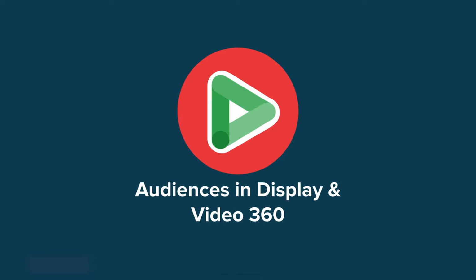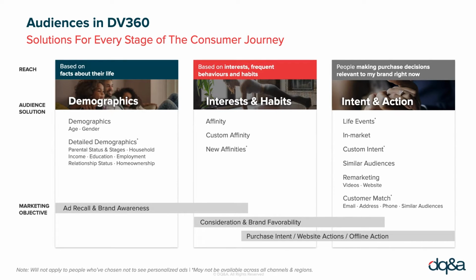So let's have a look at some of these audiences available to us in DV360. With a strong understanding of users' behavior and intent, the audience product suite is built to engage with users across their journey. Demographics are audiences based on facts about users' lives, and in terms of your reach objectives, you can drive ad recall and brand awareness at the top of the funnel.